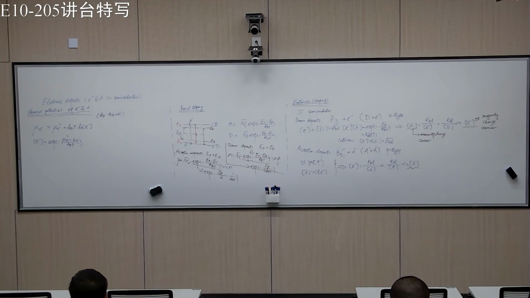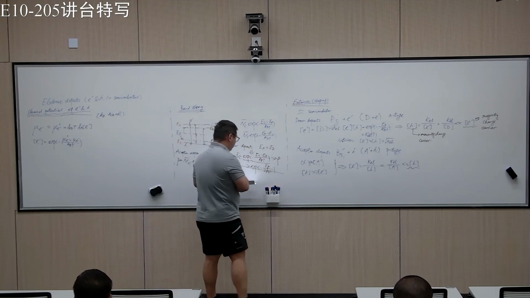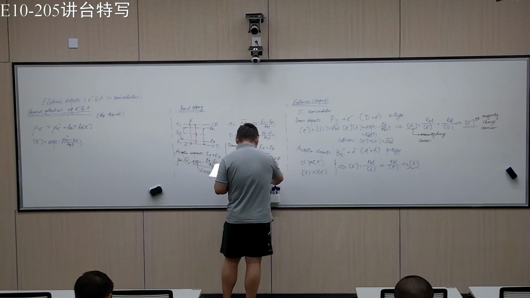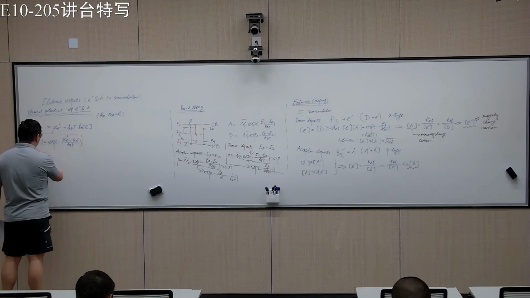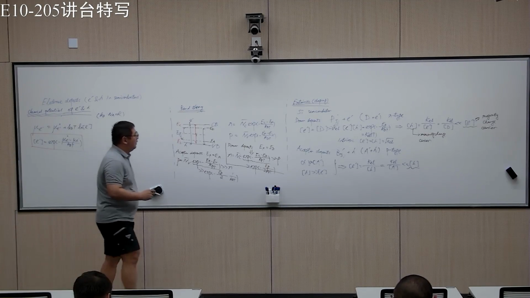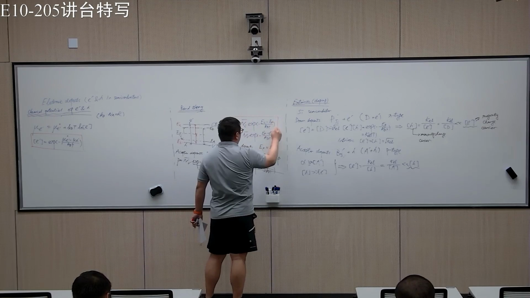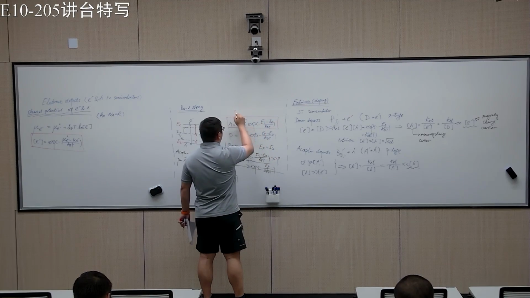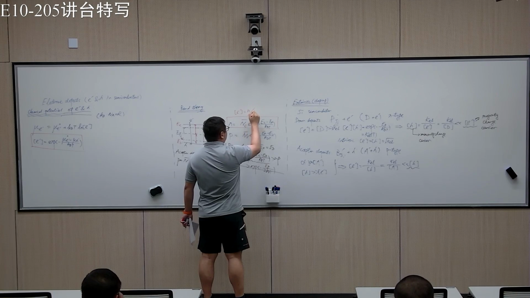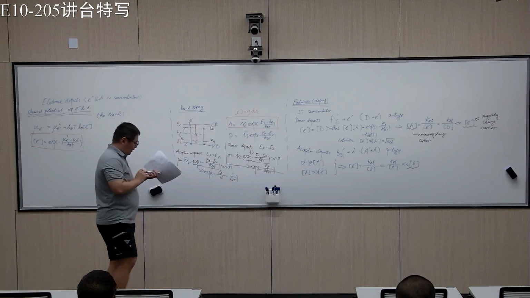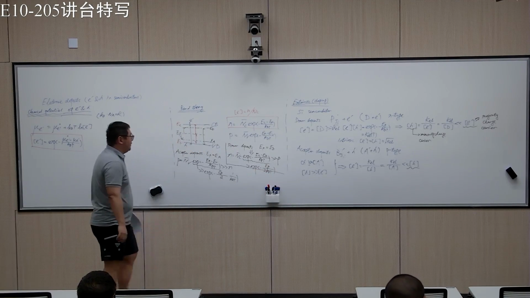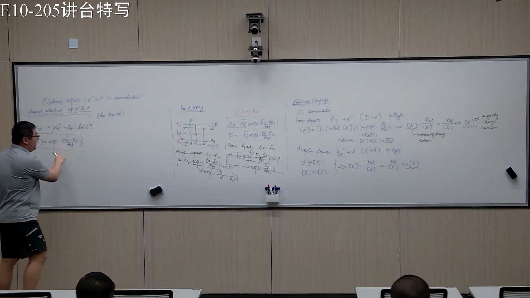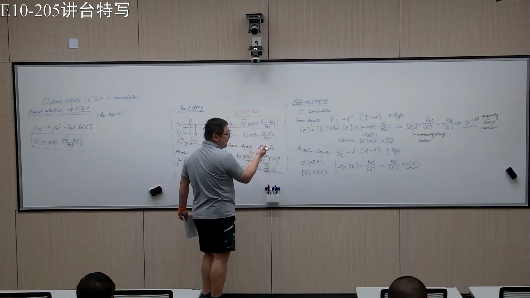Okay, no problem, right? So if I compare this equation with the equation we have here, let me remind you, this is nothing but n over Nc. Okay. So you will see two immediate consequences. You see there's a negative sign here, a negative sign here, and the KBT is the same.